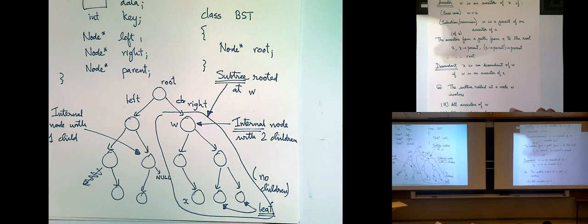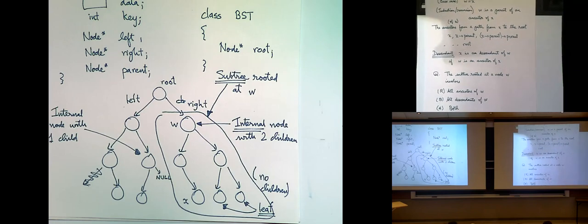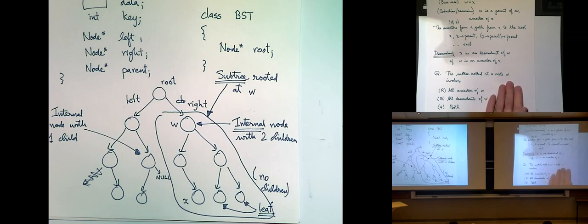So is it involving all ancestors? Is it involving all descendants? Or is it involving both of them? I'll give you a minute to answer.